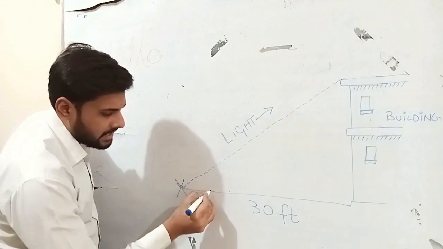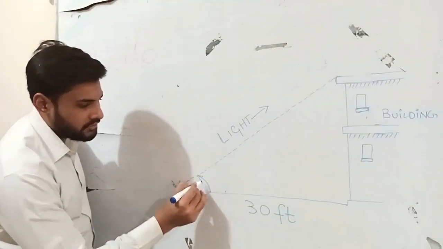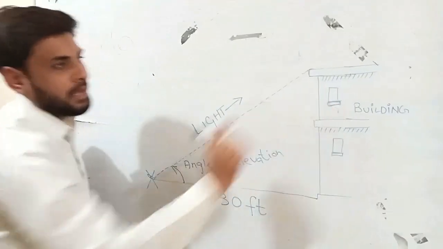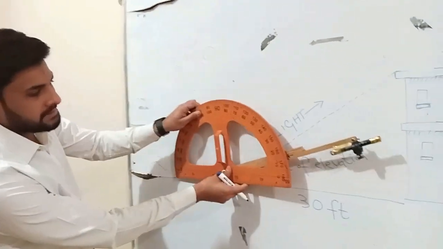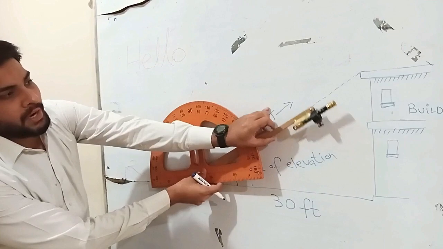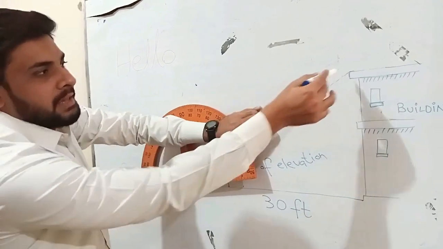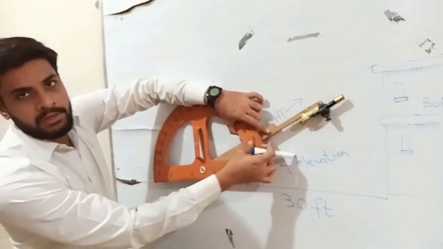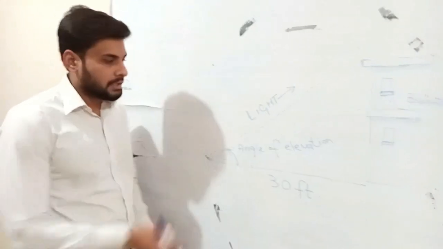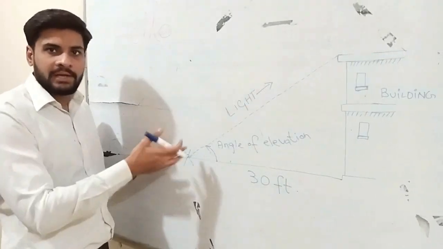If we know the angle of elevation, we can easily find the height of this wall, and for this we use this device. We simply place it right here, point it to the top of the wall, and easily see the angle from the protractor. We can find the angle of elevation using our device, as we did.